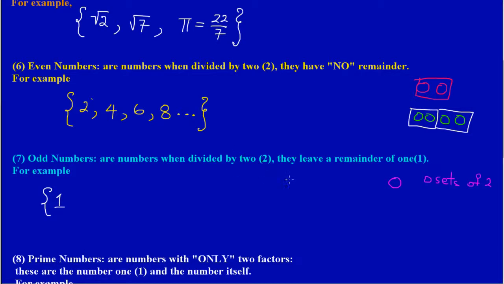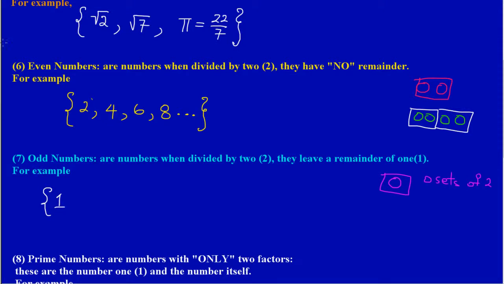And how many would I have left over? I would have this 1 left over. So 2 into 1, 0 times, 0 sets of 2s, and a remainder of this 1 left over. So 1 is an odd number.